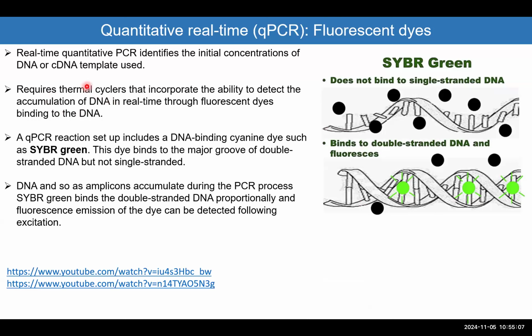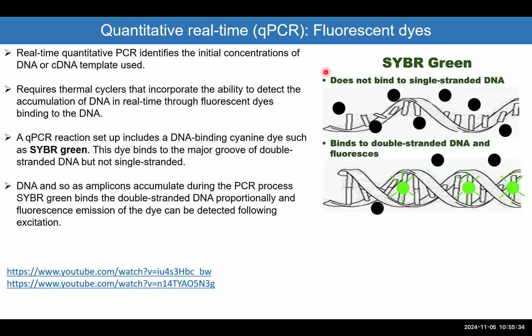It requires thermal cycles, as it says, that incorporate the ability to detect the accumulation of the DNA in a real-time fashion. So each time we have a PCR product, or one copy that is copied, more of those dyes bind to the DNA, and therefore you can see that there is more fluorescence being generated.